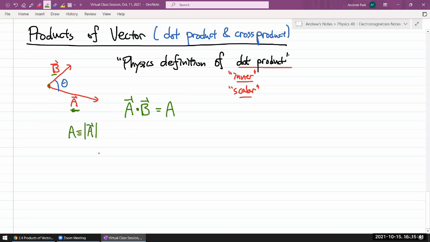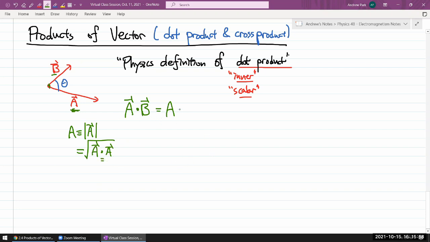Or, if you want to specify the mathematical operation, it would be A dotted with itself, square rooted. But we need to finish defining the dot product for this to be useful.